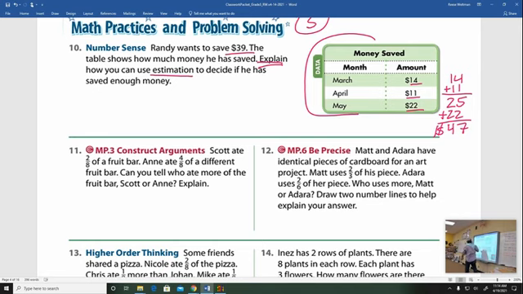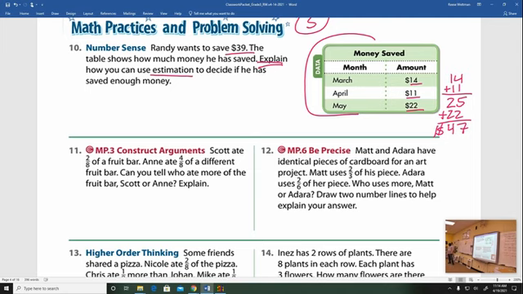Now, explain how you can use estimation to decide if he has saved enough money. Who wants to explain to me how you can use estimation here? Grace? Yep, what's your sentence? Yes, because 22 plus 14 plus 11 equals 47, which is more than 39. And that is correct. The only thing that's missing there is how to use estimation.